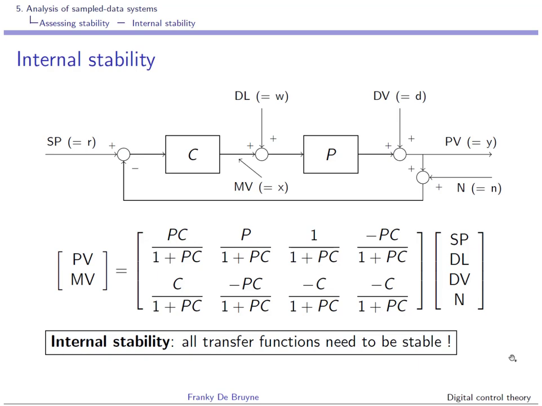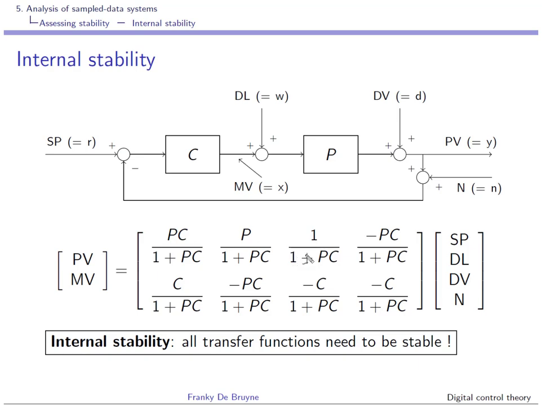We can write PV as a function of the different inputs SP, DL, DV, N: set point, load disturbance, output disturbance, and measurement noise. So this is how you have to read this. PV is this transfer function here acting on SP, this transfer function acting on DL, this transfer function acting on DV, and this transfer function acting on N. And then you have something similar for MV. As you can see, there are different types of transfer functions that are appearing.